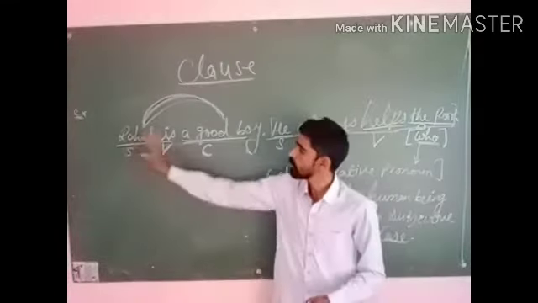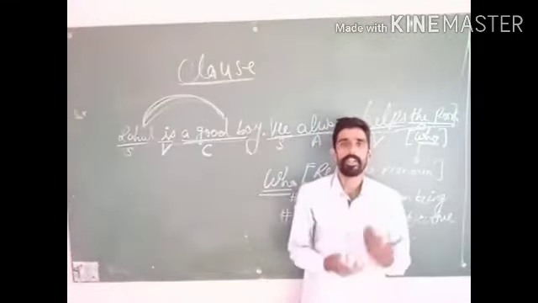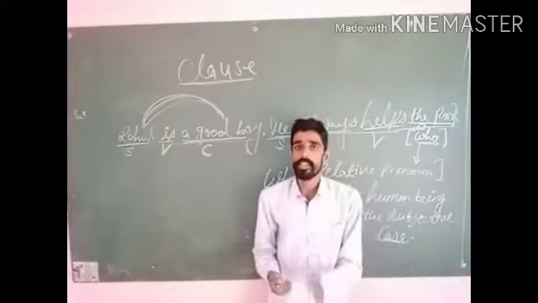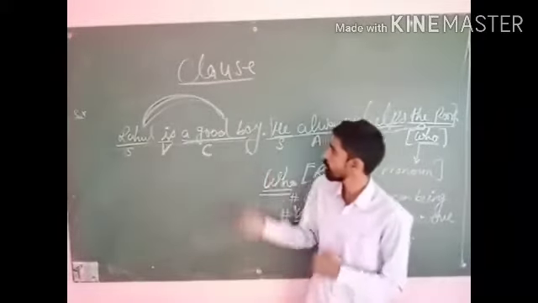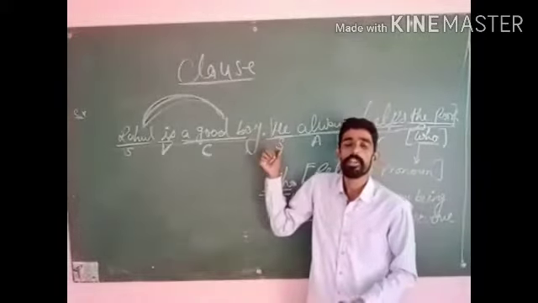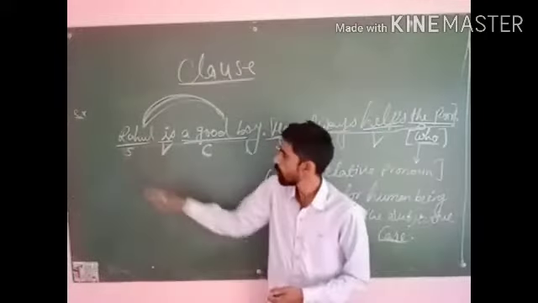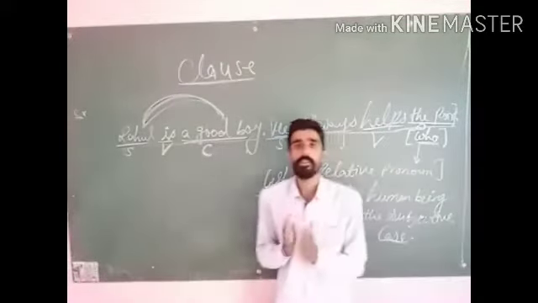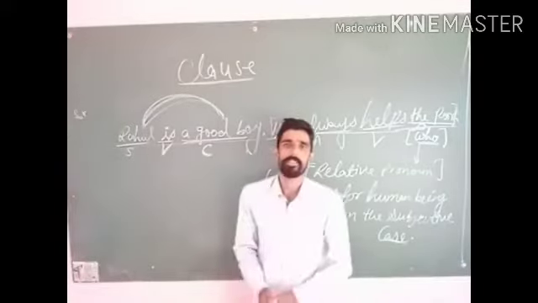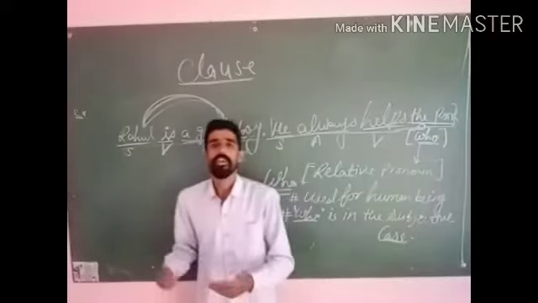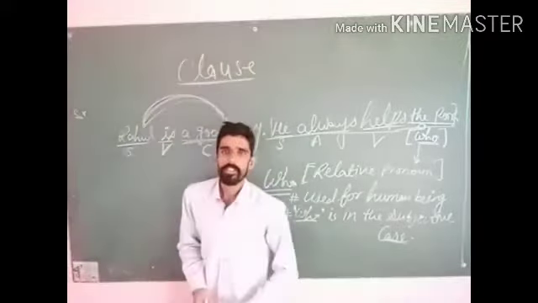We cannot remove Rahul from here, because in that condition the sentence will not be clear. He has been used for Rahul, but Rahul is required information for this sentence, because this is the nominative case.